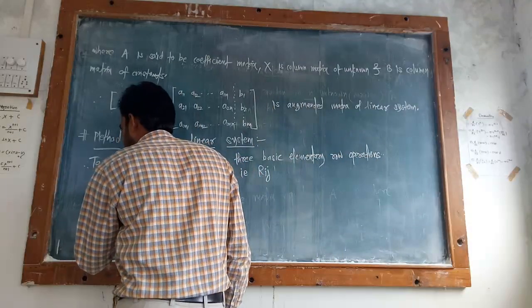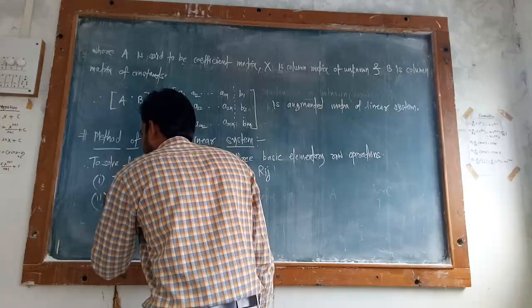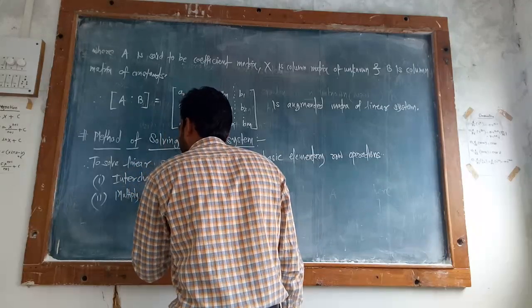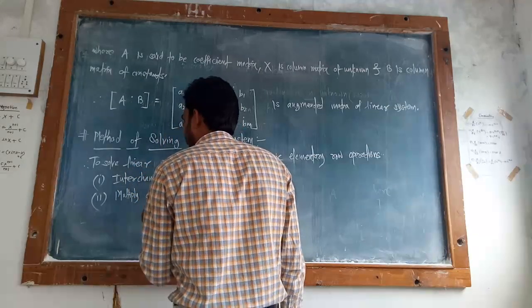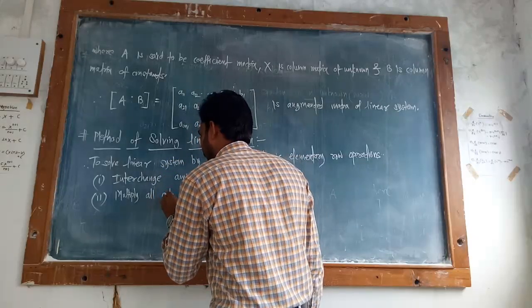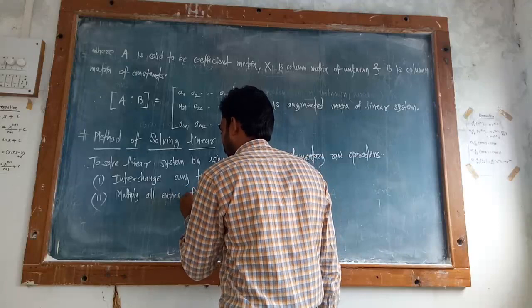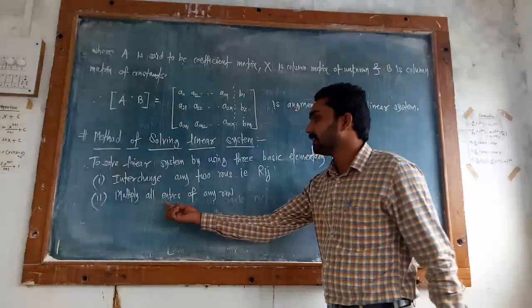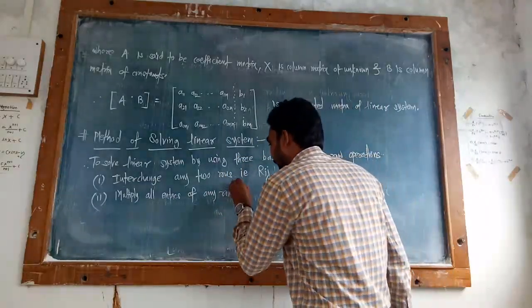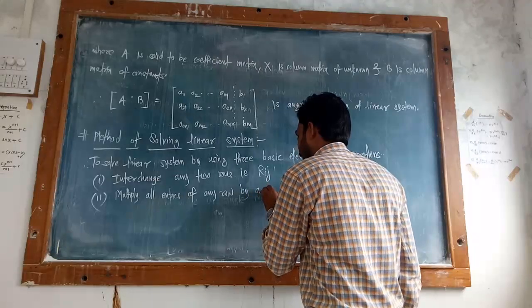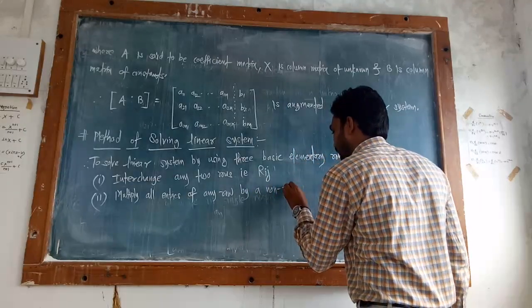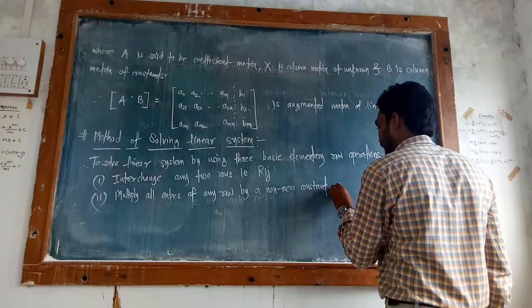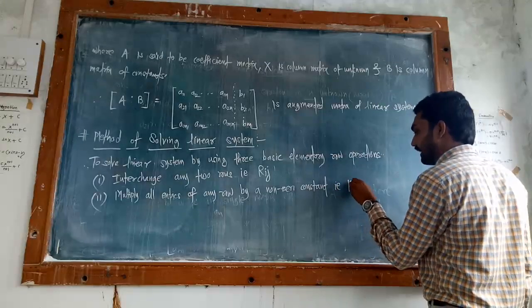Your second row operation becomes: multiply all entries of any row by a non-zero constant, that is kRi.